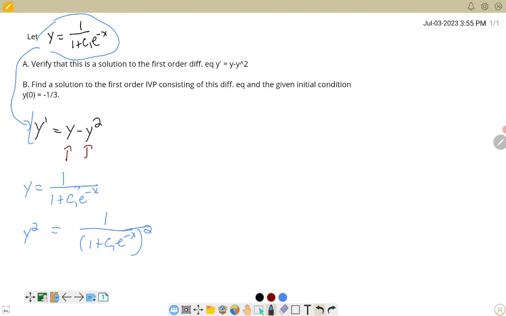So we also are going to need to take y prime. So let's take the derivative of this. I'm going to rewrite this as dy dx, and then I'm going to note that I'm taking the derivative of y, which in this case is 1 divided by 1 plus c1 e to the minus x.